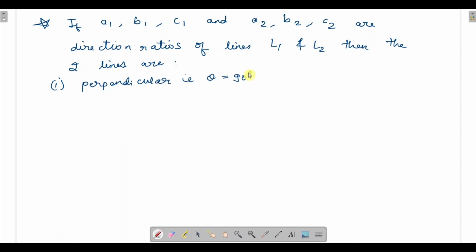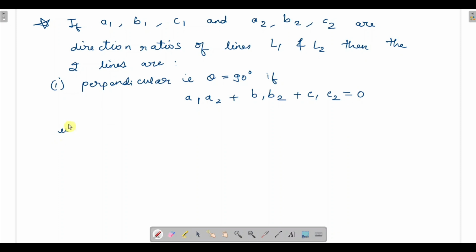Okay, so perpendicular, that is theta equal to 90 if we have A1 A2 plus B1 B2 plus C1 C2 is equal to 0.